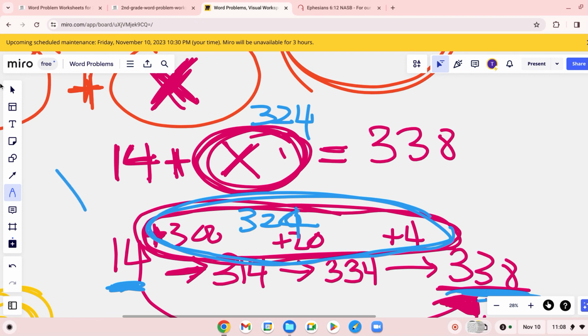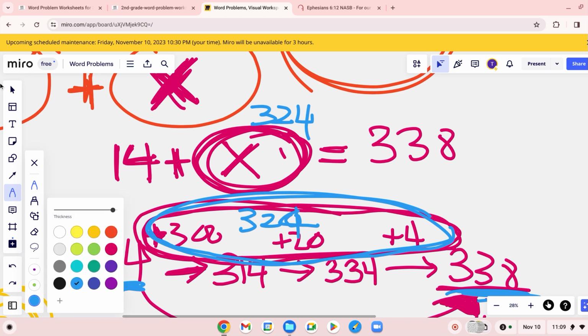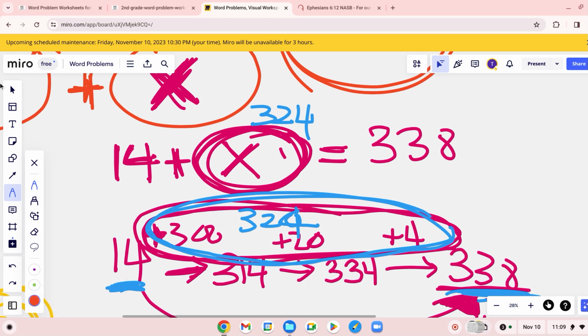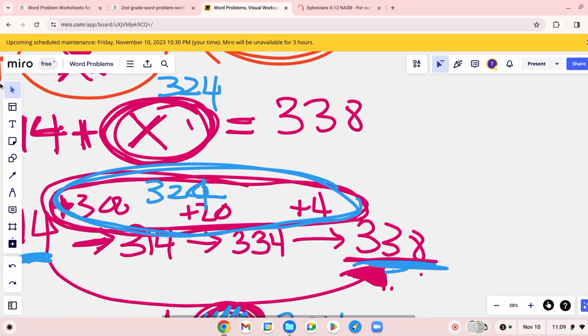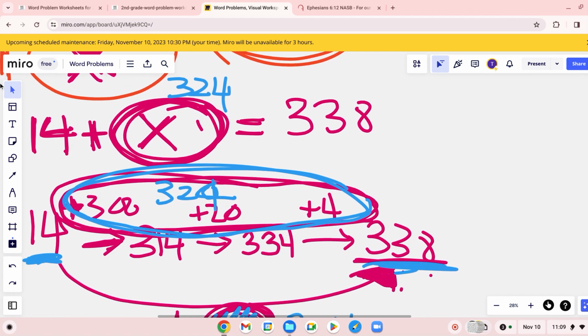So now what you need to do is check your answer. How do you check it? Stop saying just add. I want you to tell me what and what. 14 plus 324. Good job.